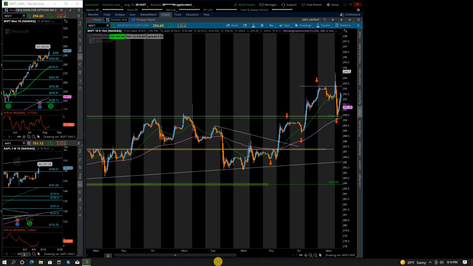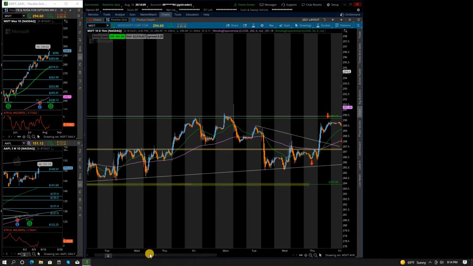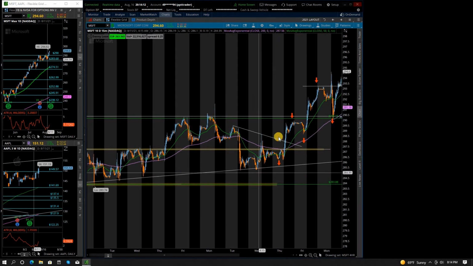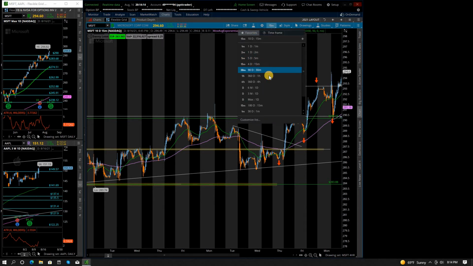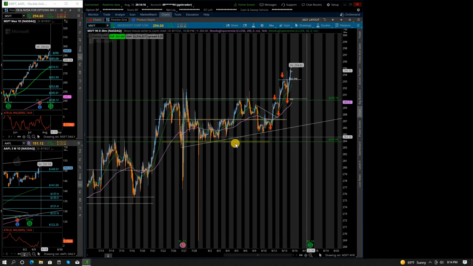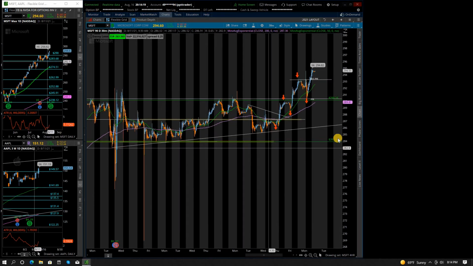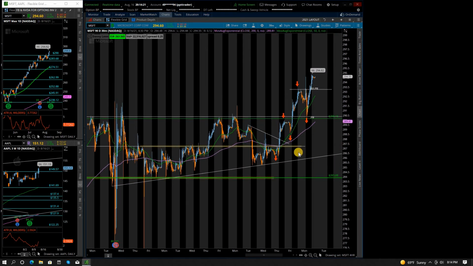I also need to read price from the smaller time frames and make sure that the bigger time frame and the smaller time frames are in the same direction in order for me to take trades, or else it doesn't make sense trying to take a long position just because you're looking at the daily.